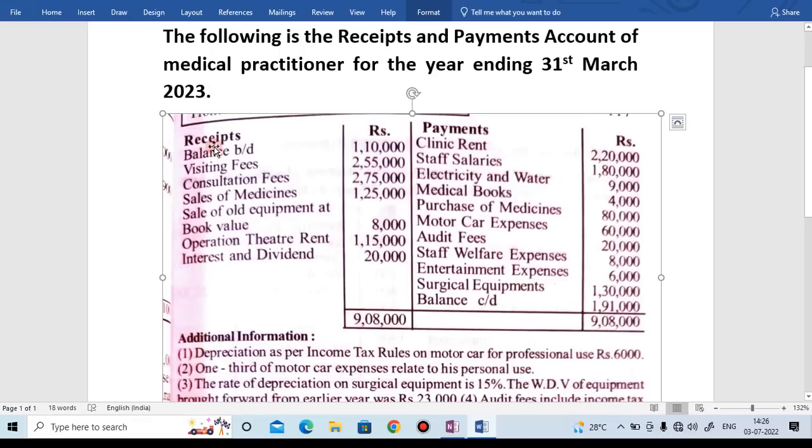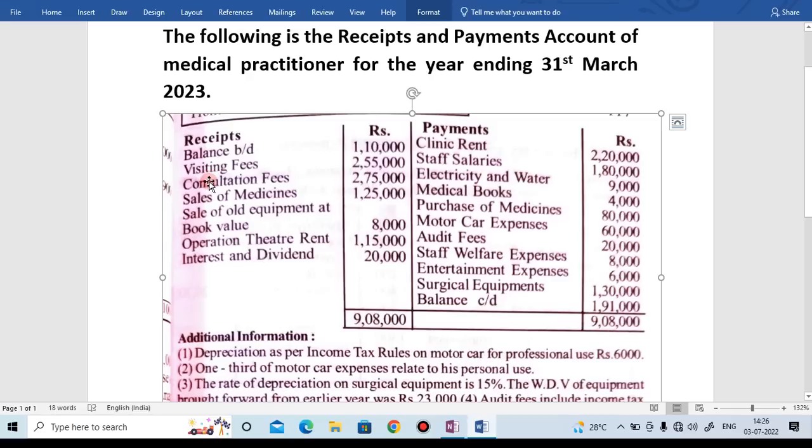Now the first thing in the receipt side is visiting fees. Visiting fees is 2,55,000. Visiting fees is related to the doctor because the doctor charges fees when he visits the patient's house or visits other hospitals.